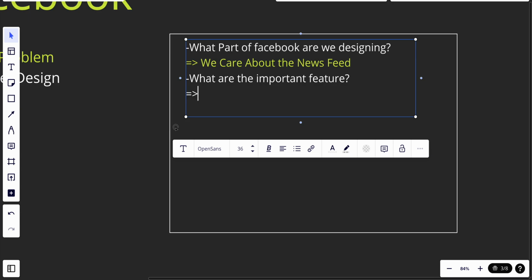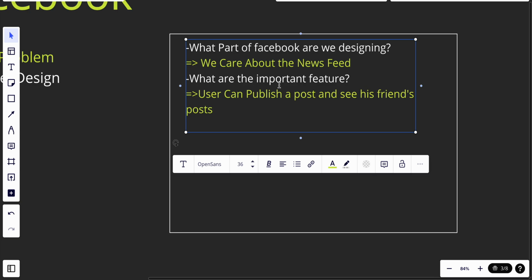And our interviewer will say, a user can publish a post and see his friends' posts.